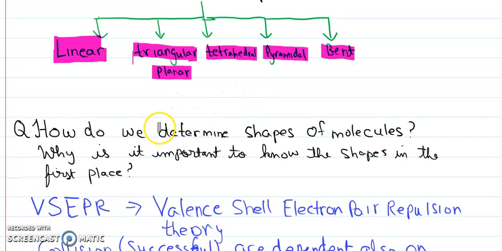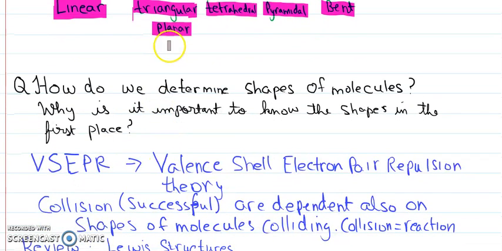So my first question that I asked in class was, how do you determine the shapes of the molecules? Why is it important to know the shapes in the very first place? Well, knowing the shapes of the molecules helps us determine how molecules would collide in a chemical reaction, whether the collision would be successful.